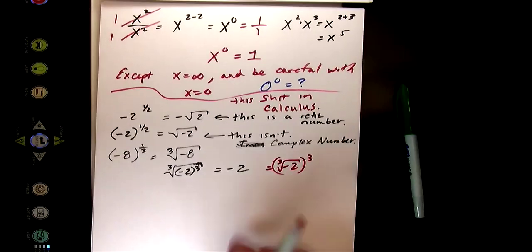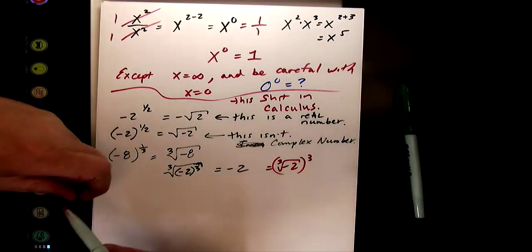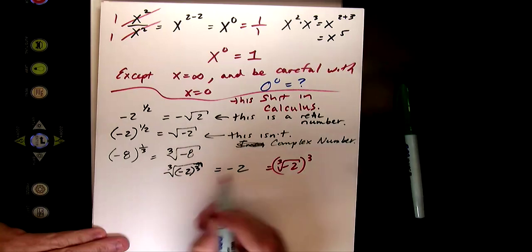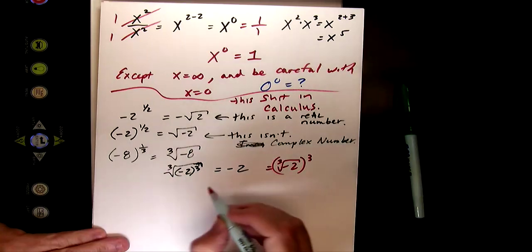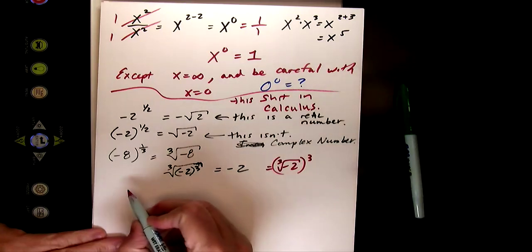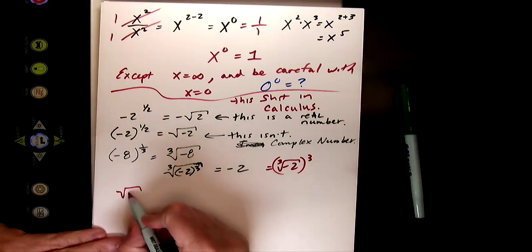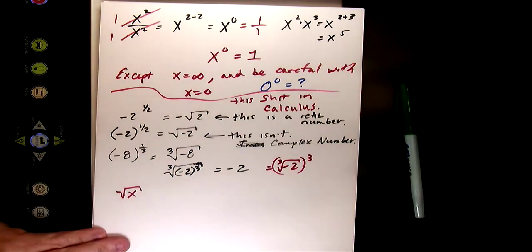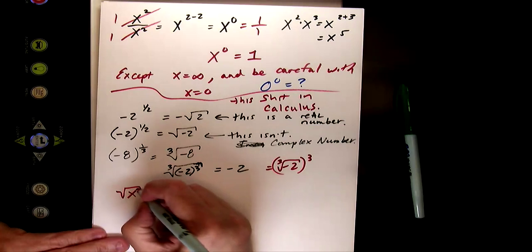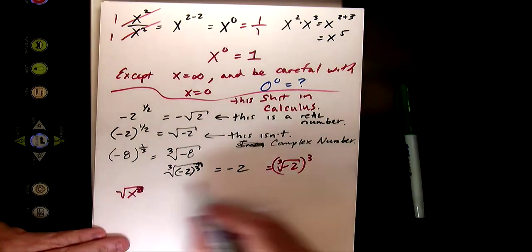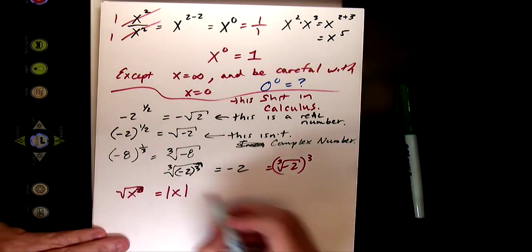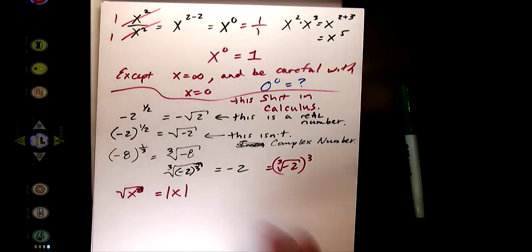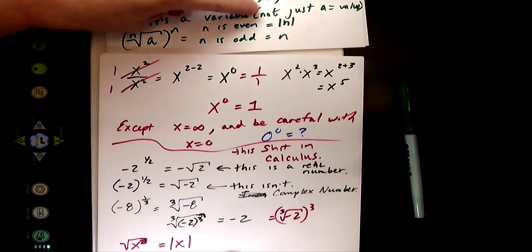Now, showing the n is even, we'll do that real quick. If I had the square root of x squared, this is the absolute value of x, like up here, where I said it was the absolute value of n.